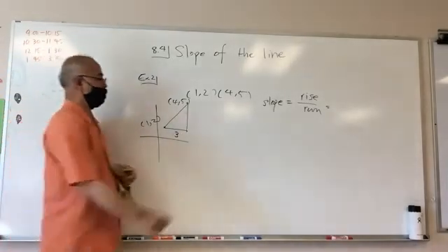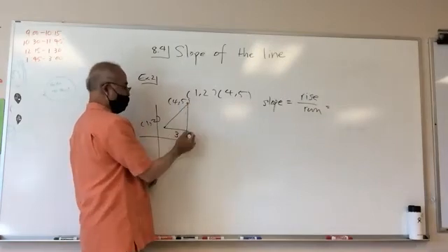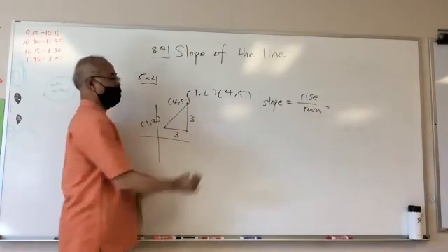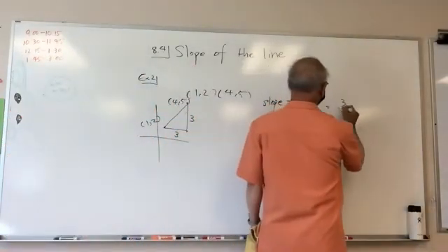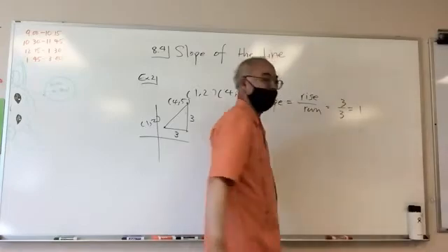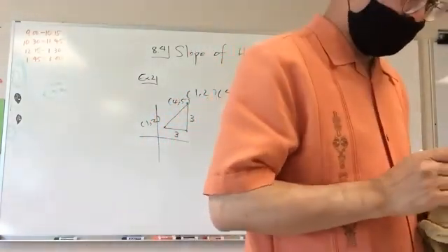And then my rise is the difference in Y. I have 5 here and 2 down here, so it's going to be 3 also. So my slope is 1.